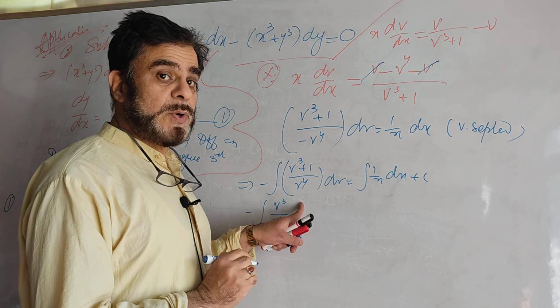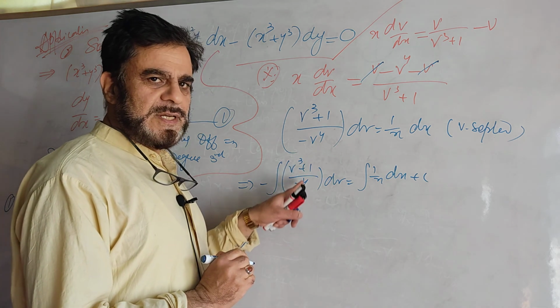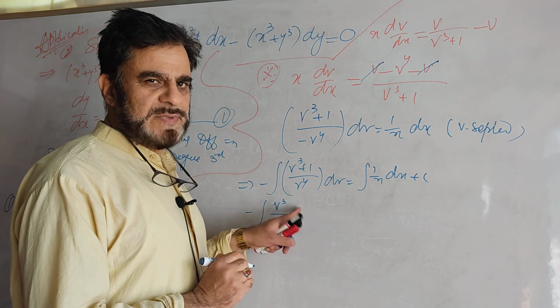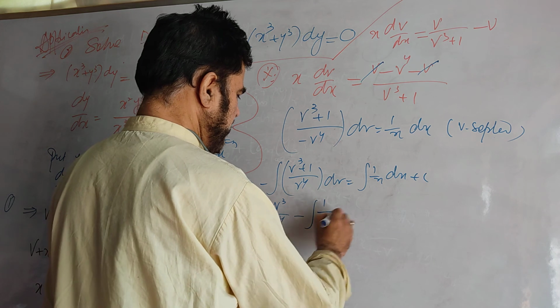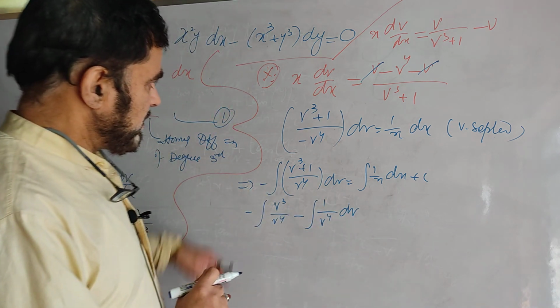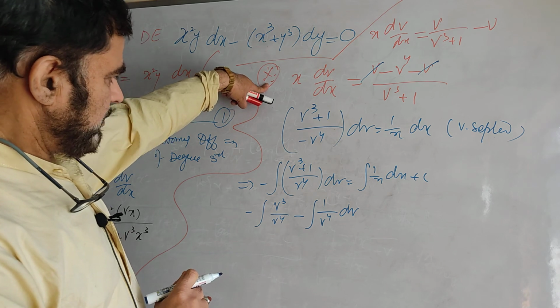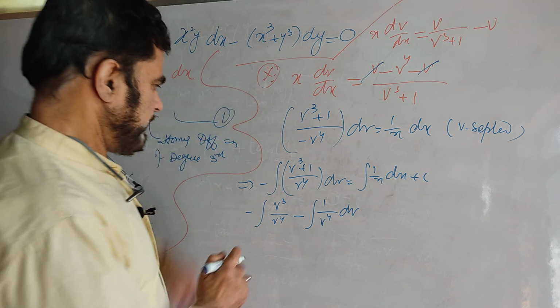It is known as an improper fraction. The degree of the numerator is 3 and the denominator is 4. So we split here: minus integral of 1 by v to the 4 dv. You just see whether I am doing right or not. Yes, v cube by v to the 4 cancels down. Okay, it is dv.